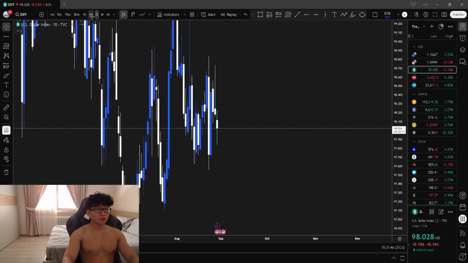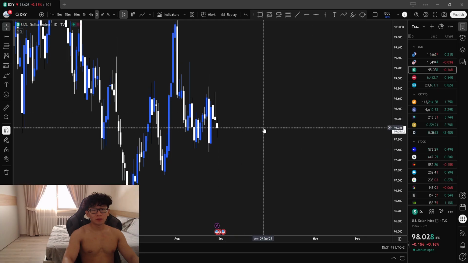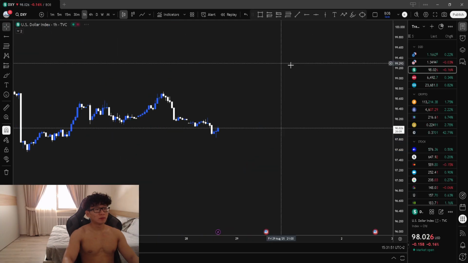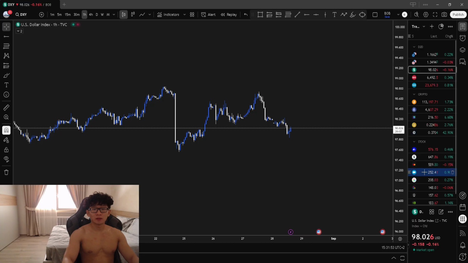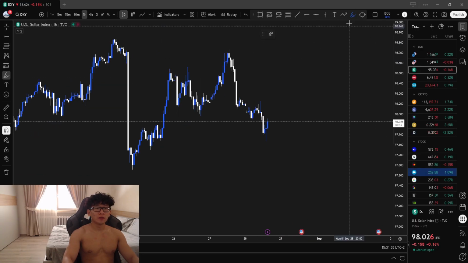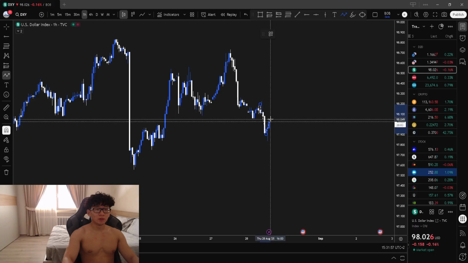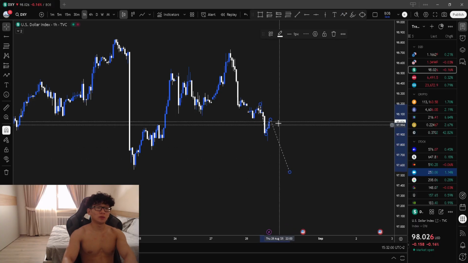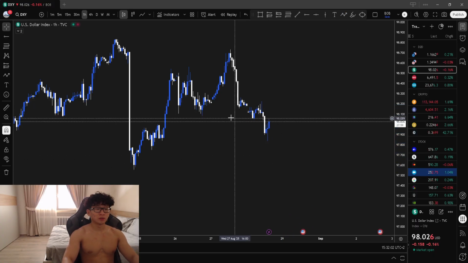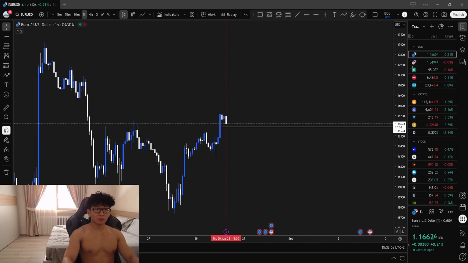We should expect something like this, like a retest of this one right here. You should see some sort of rejection from this level right now, or in the next few minutes.